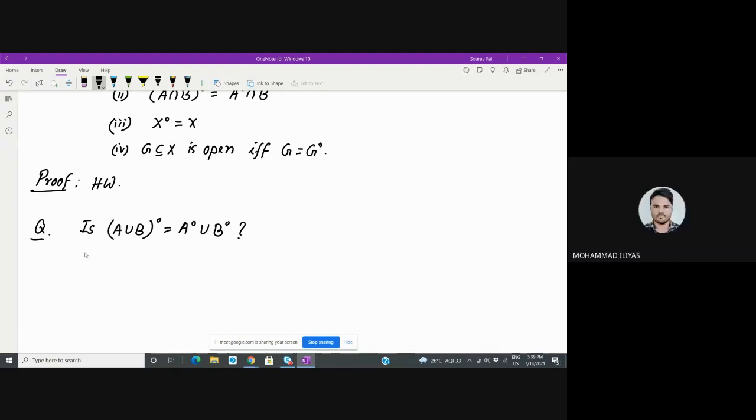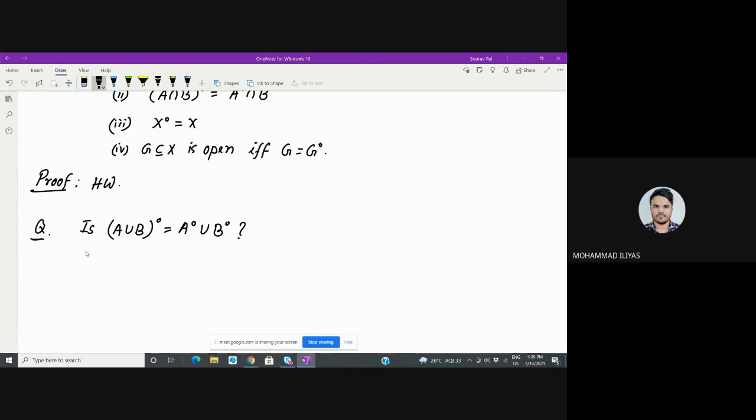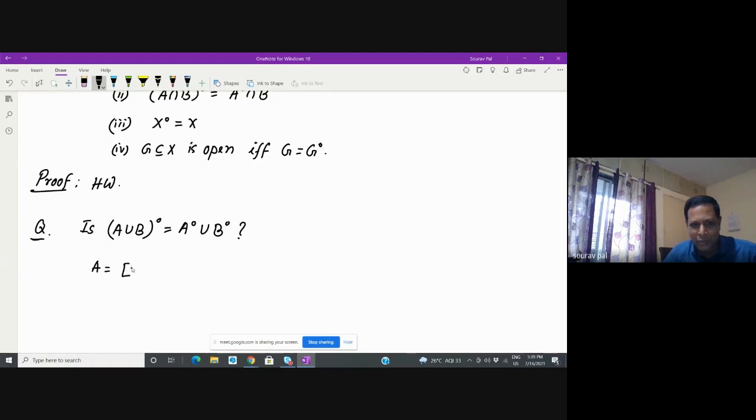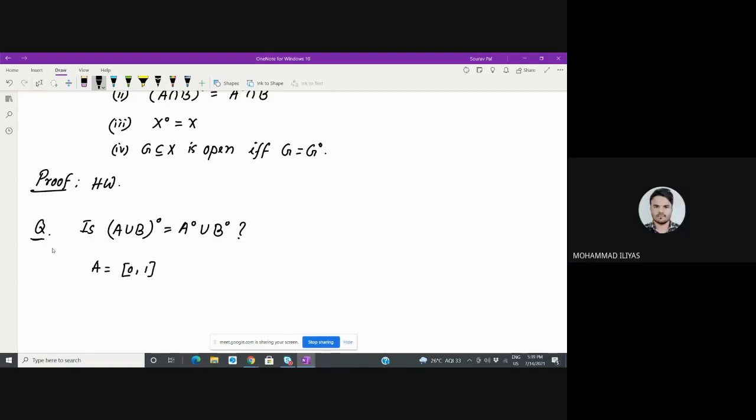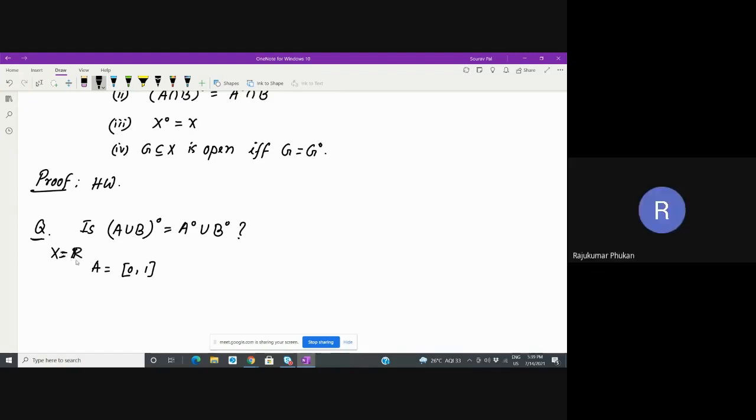It is not true in general. Can you give me an example? Yes, we can take A equal to closed interval [0,1], on the real line with Euclidean topology, and B equal to closed interval [1,2].